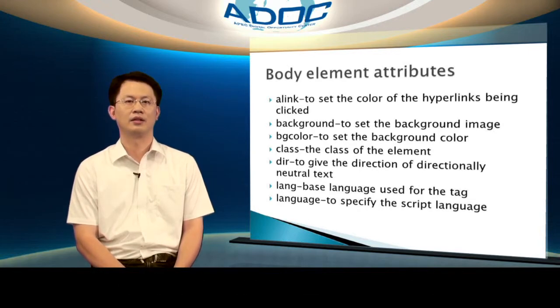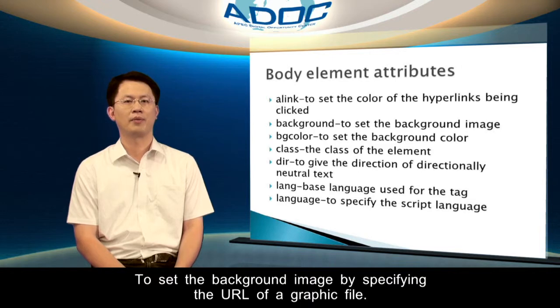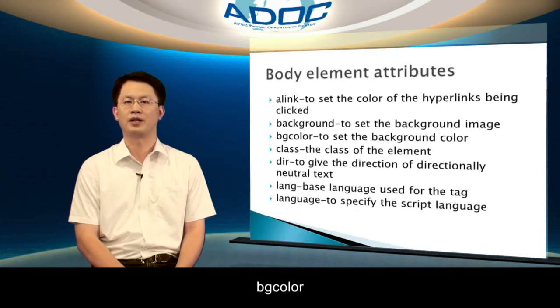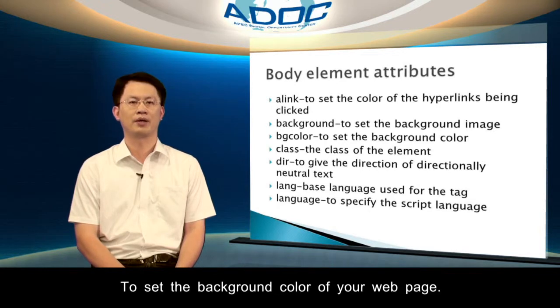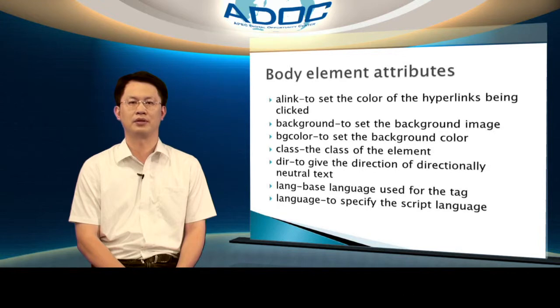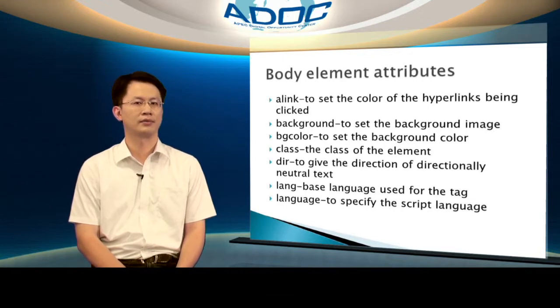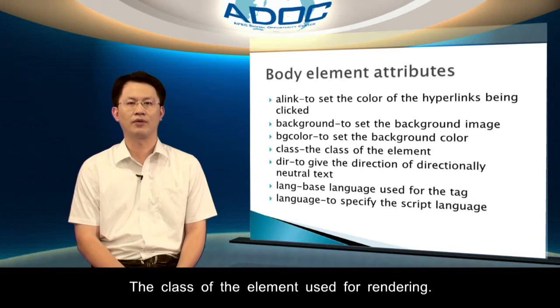Background, to set the background image by specifying the URL of a graphic file. Bgcolor, to set the background color of your web page. The value can be the color value or the predefined color name. Class, the class of the element used for rendering.